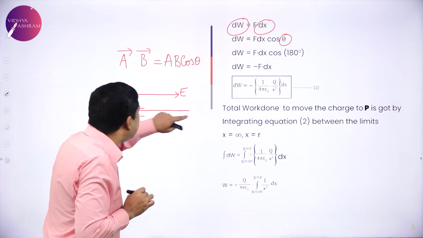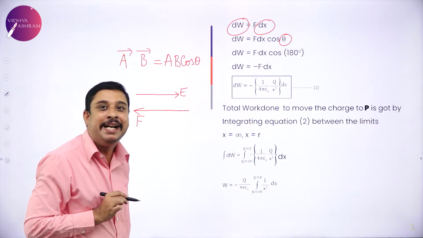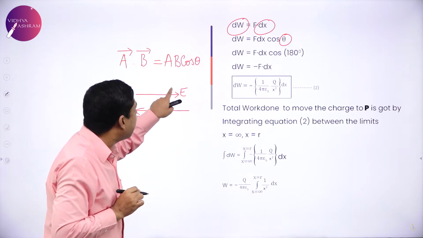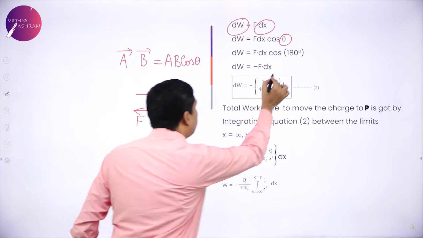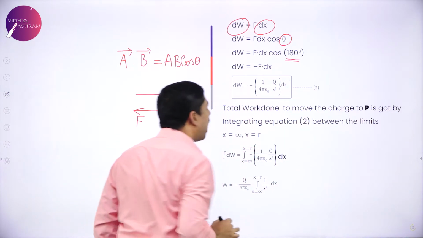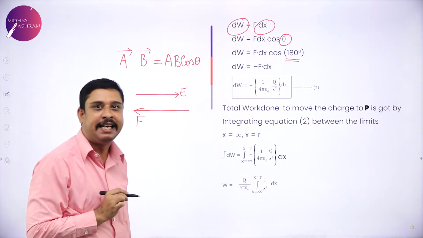So the displacement was happening into the field. They are anti-parallel to each other. Therefore, theta is 180 degrees.